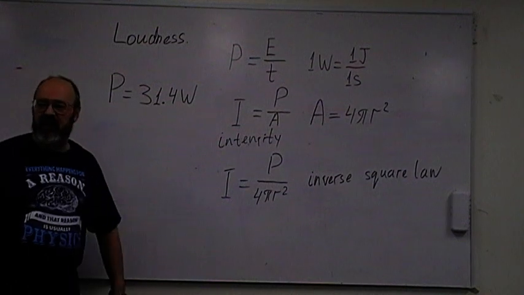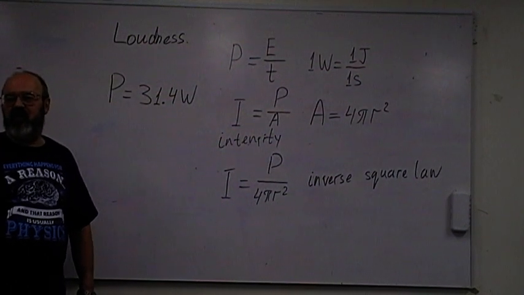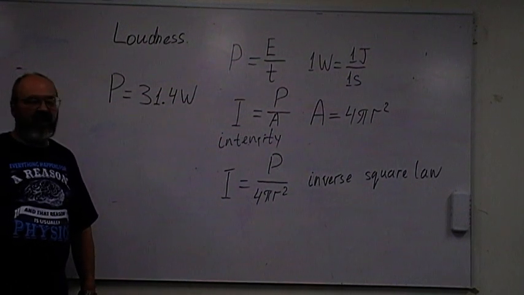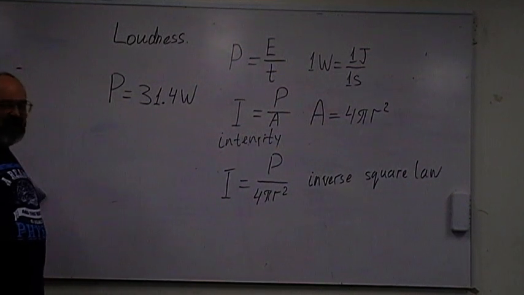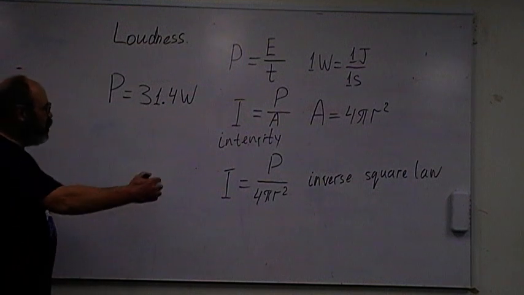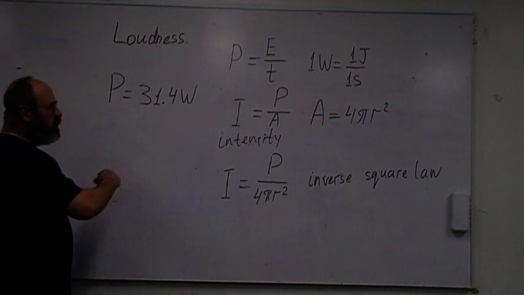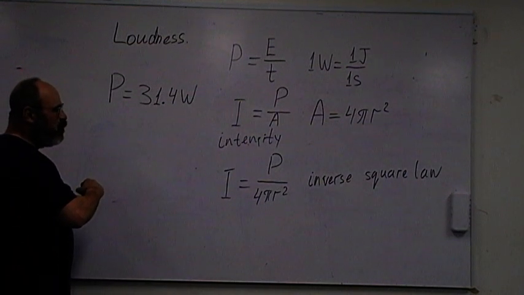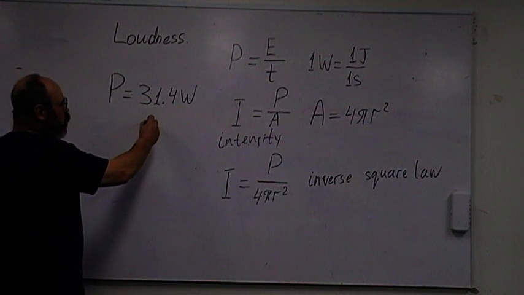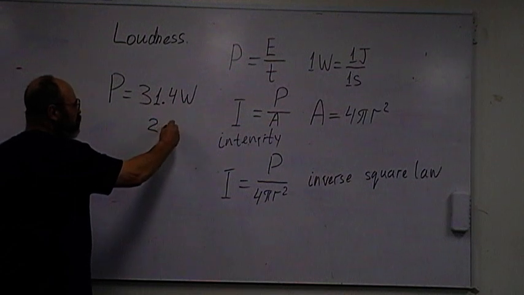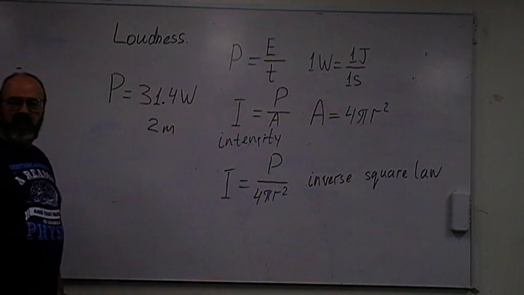We will see why I took a strange, not very round number. Yes, because it's related to pi. It will be easier to calculate. Let's calculate what the sound intensity will be 2 meters away from this source.